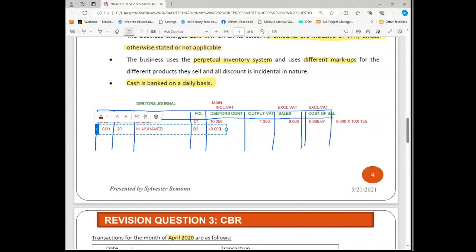What is the next step? We're going to calculate VAT. So you're going to say 40,000 times 15% over 100. Is it including or excluding VAT? Go down to the question.